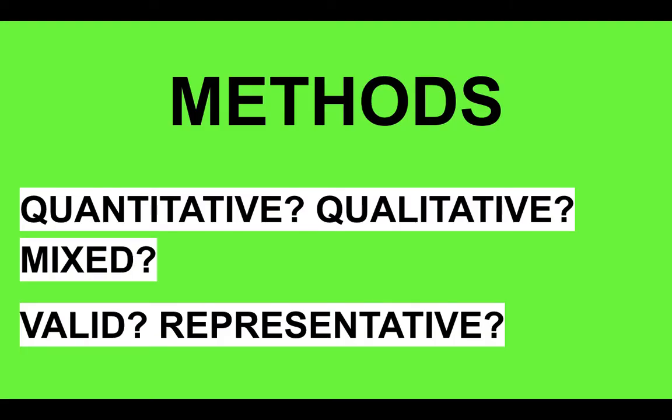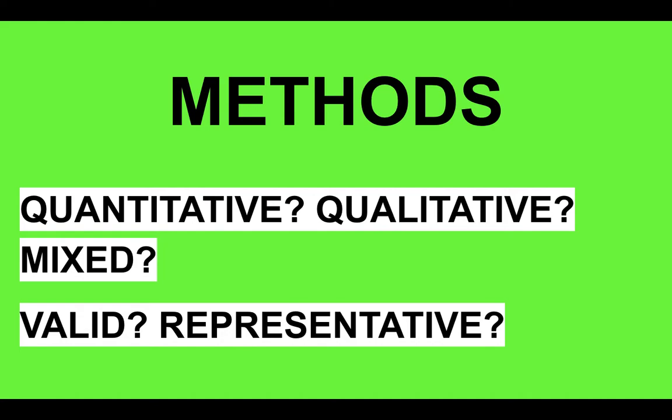Now, you'll have to choose some methods for finding out the information that you need to analyze in your essay. They could be quantitative or qualitative methods. So you might be looking at a geographical issue that can be analysed using numbers or quantities, or with qualitative characteristics, or often a combination of those two.